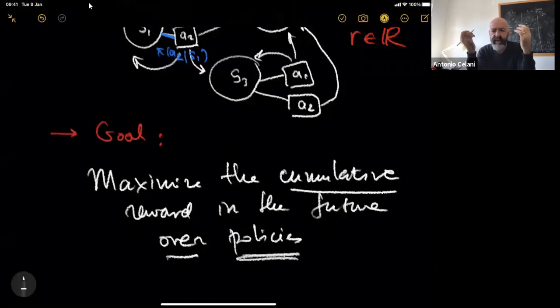So if you have a navigation task and you say, okay, my goal is to go from Trieste to Udine, then the route that you want to take is the one that tries to optimize over these possible routes.